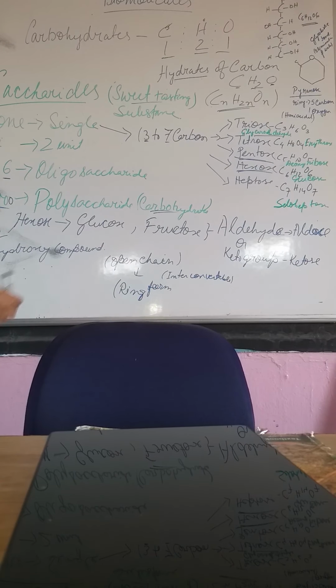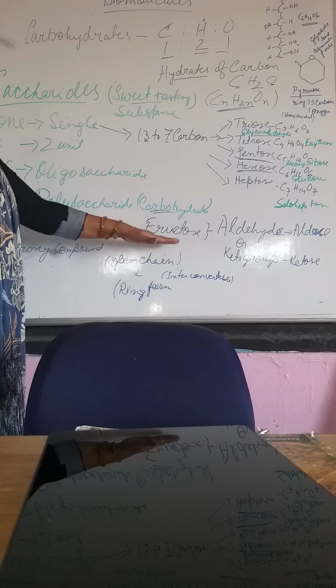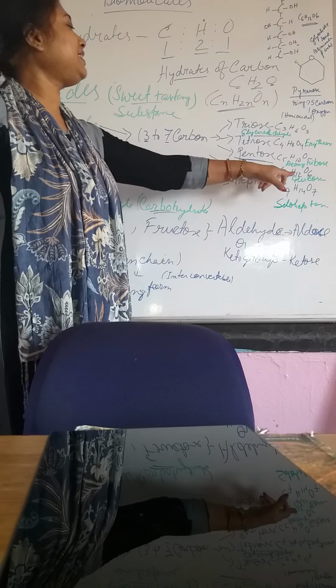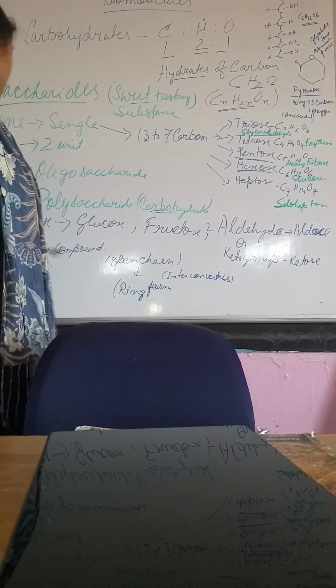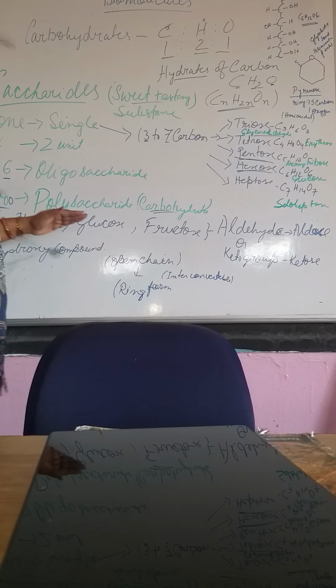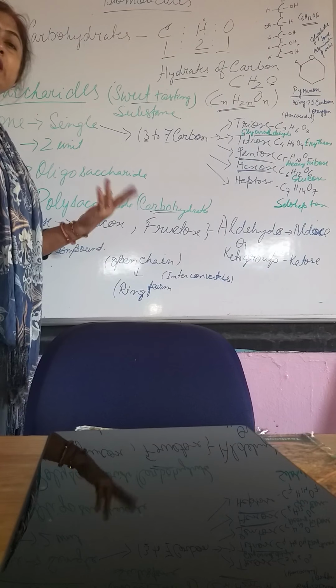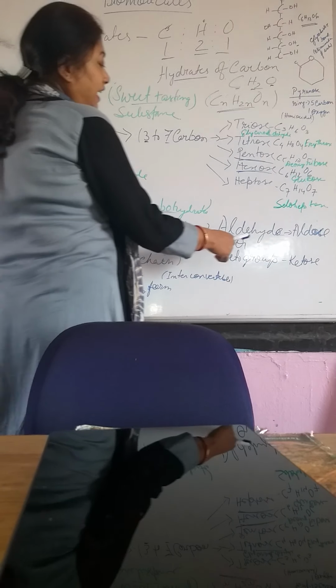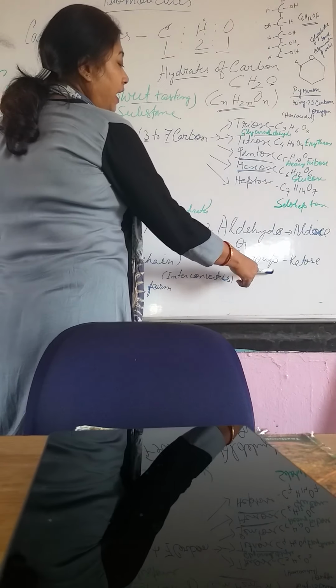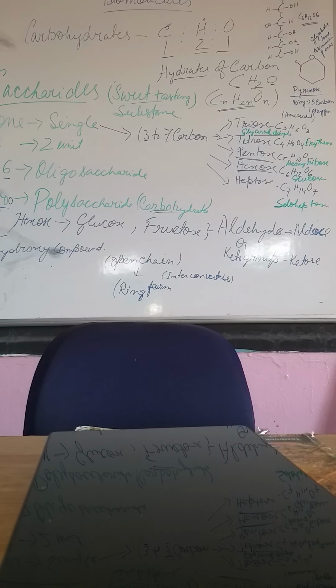Now hexose is basically either a glucose or a fructose, and it is a C6H12O6 compound. Generally the glucose and the fructose, along with the carbon chain, have either an aldehyde or a keto group attached to it.